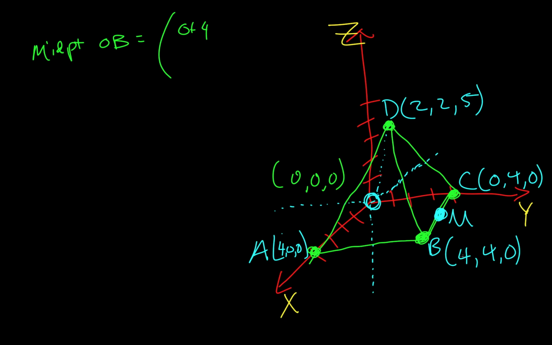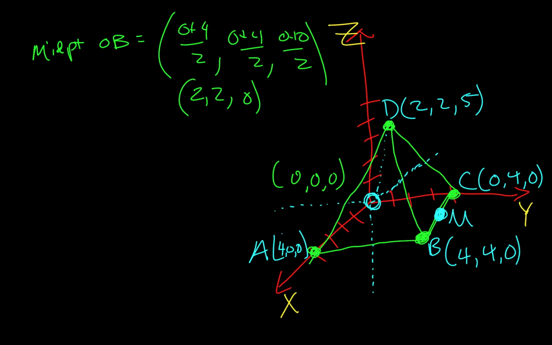We take this x value and this x value, add them together, divide by 2. Then we take this y value and this y value, divide by 2, y and y. And that's going to be the midpoint. And if we simplify that, that's going to be 4 over 2, so that's 2, 4 over 2, 2, and then we get a 0.